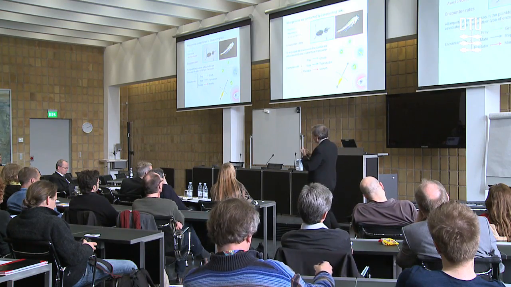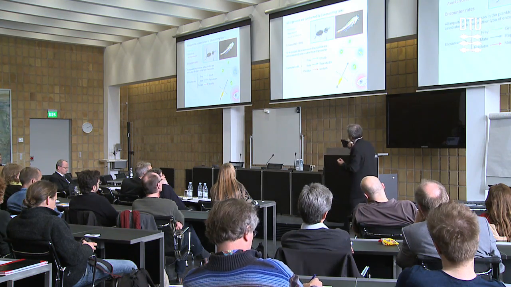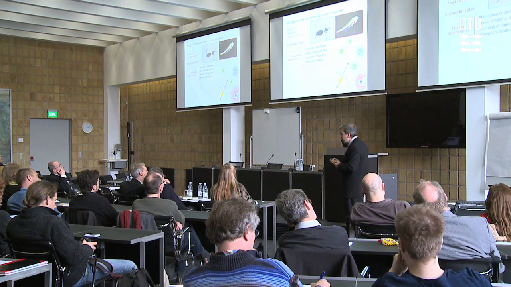For each one of those, how often, or how fast, or how many times does it actually encounter one or other of those things? An encounter with a prey says something about growth. How much food they get in says something about growth. The encounter with a mate regulates the rate at which they can reproduce. And death is the likely outcome of an encounter with a predator. So it's precisely those sorts of things.